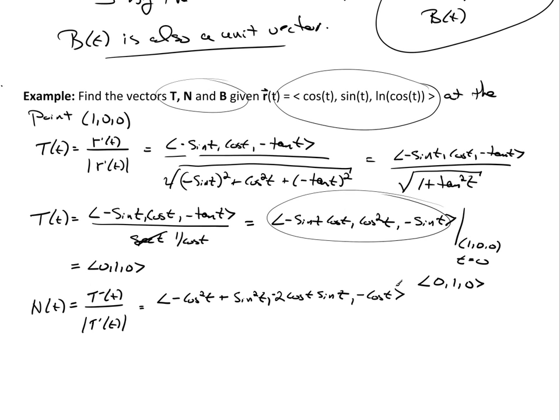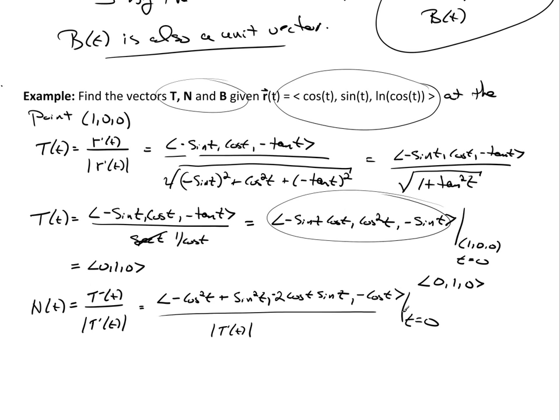Now, since I'm interested specifically in the point (1, 0, 0), I'm just going to evaluate this when t equals 0. Don't forget, I still need the magnitude of this, but I'm going to evaluate this first for a reason.